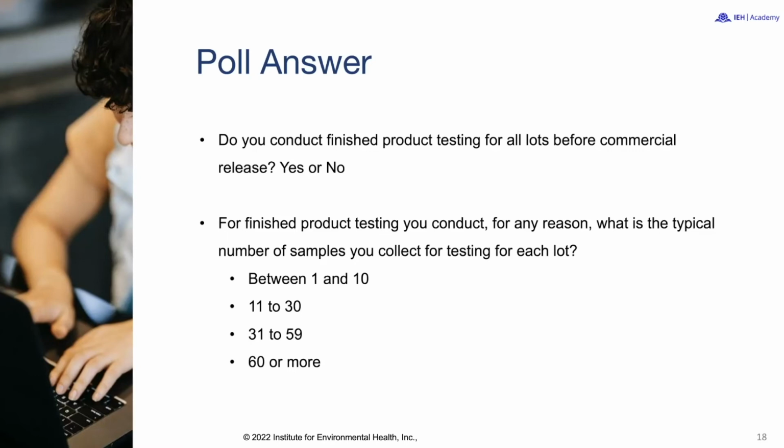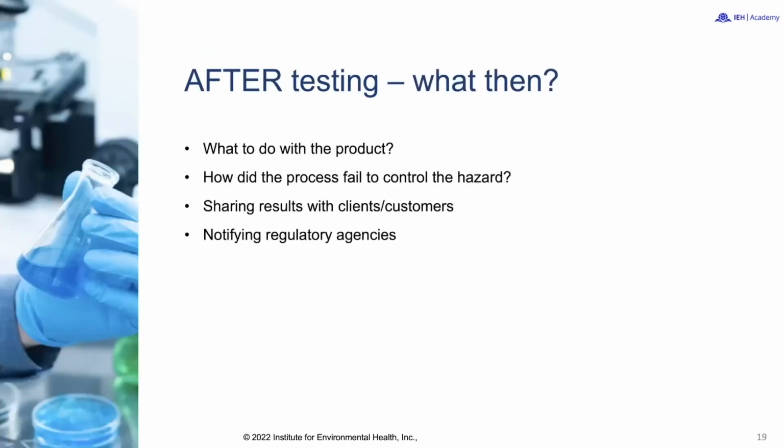So let's go to the next slide, please. All right. So what are we going to do after we've done our product testing? Well, first of all, as Don mentioned, before you even put a sampling plan into place, please think about what am I going to do if I have a positive result where I detect a pathogen in a lot of product?